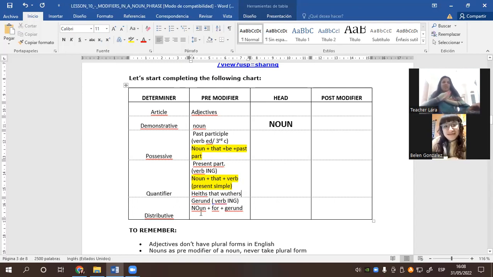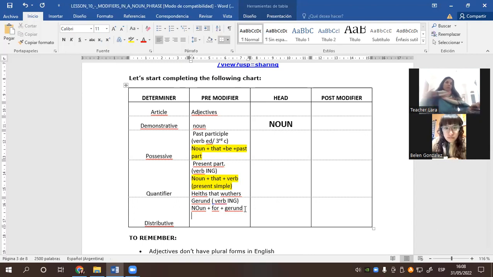No. Let's see if it is a gerund. Heights for buthering. No, that's strange too.